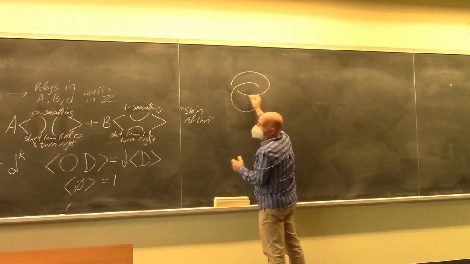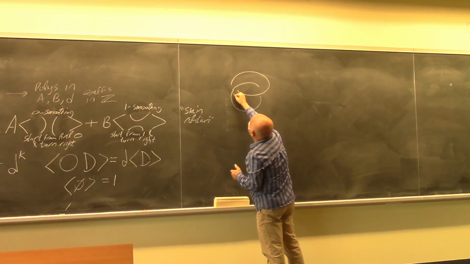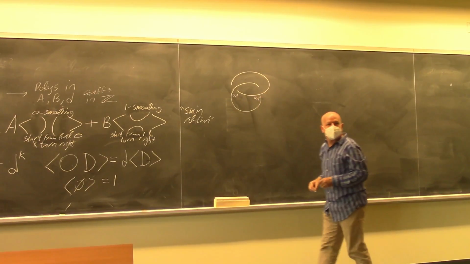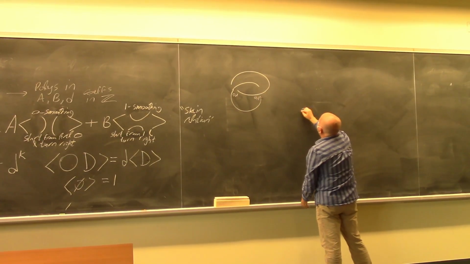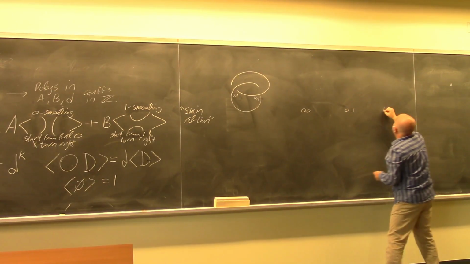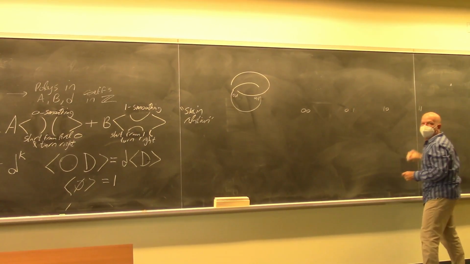two crossings that are left, so this one can be smoothed 0 or 1, and this one can be smoothed 0 or 1, right? So let's write the 0, 0 smoothing, the 0, 1 smoothing, the 1, 0 smoothing, and the 1, 1 smoothing.